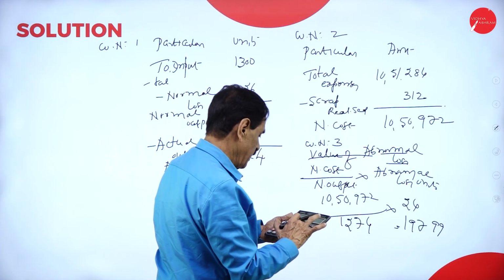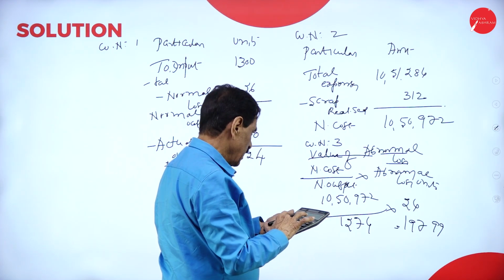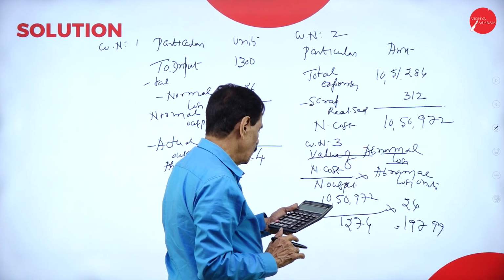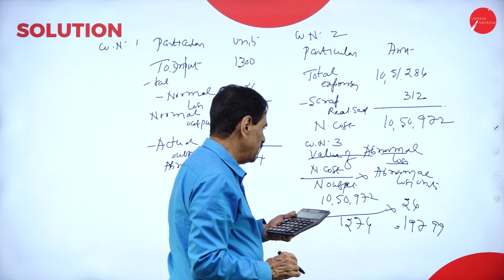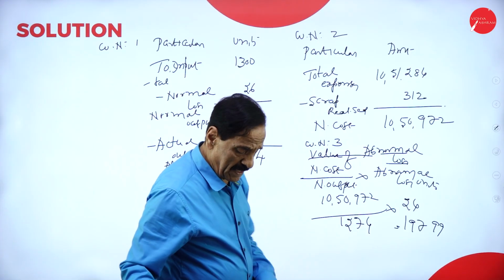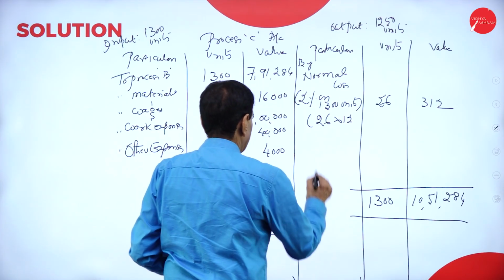10,50,972 divided by 1274 into 24 is 19,799. For how many units? 24.